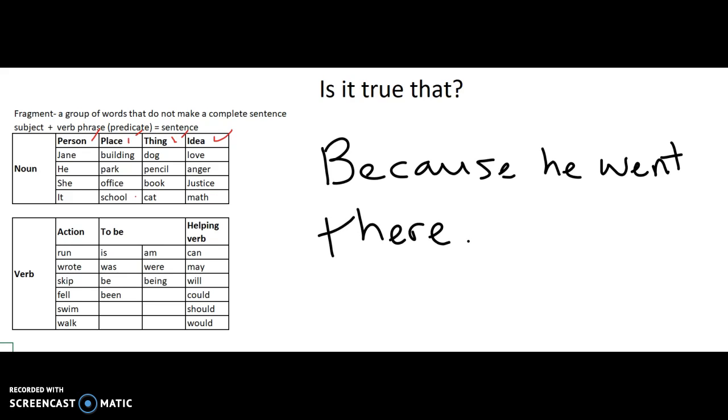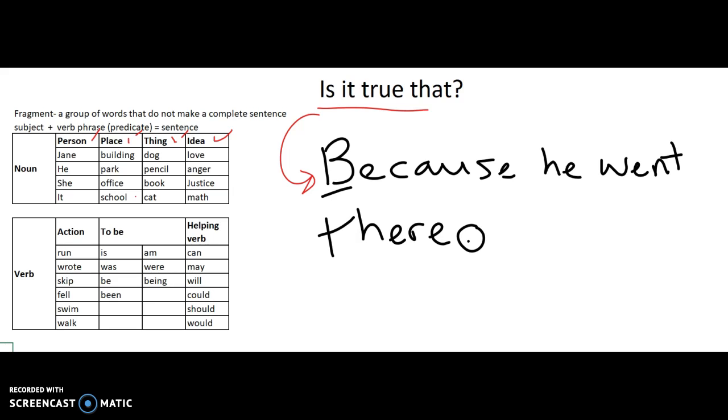Okay, so we have a capital B and a period. So that makes it complete, right? No, wrong. It is not complete. So let's try our trick and see if we can figure out why it's not complete. All right? Is it true that because he went there? So that phrase does not make sense.